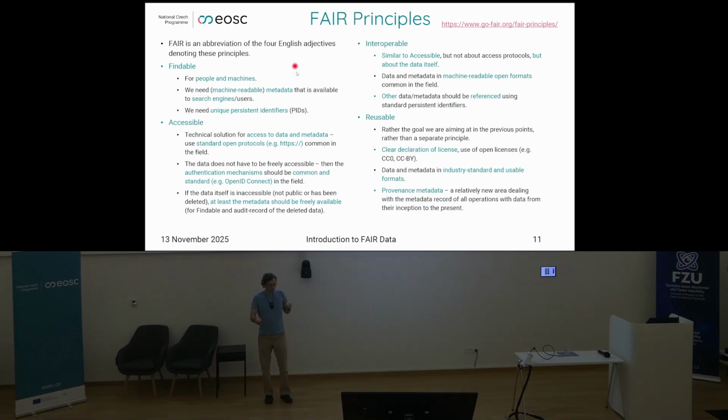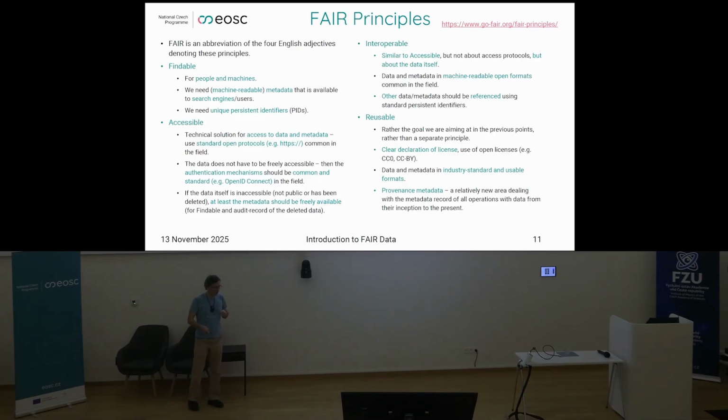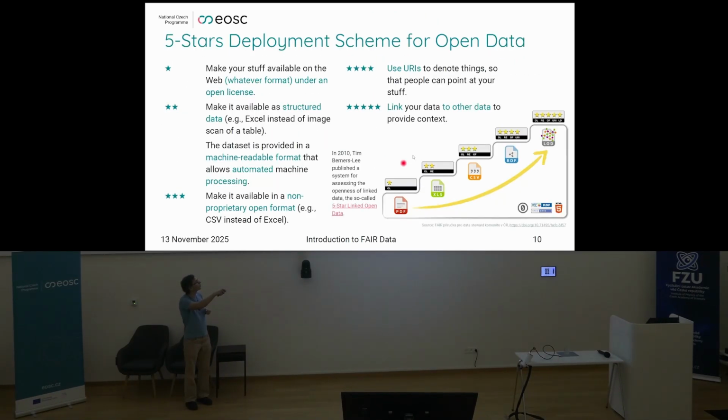Interoperability is something very similar to accessibility, but not about the accessing protocols, but about the data itself. That's more or less this. Use machine actionable, machine readable, common standardized formats, like XHTML, for example, and preferably the formats with more stars.